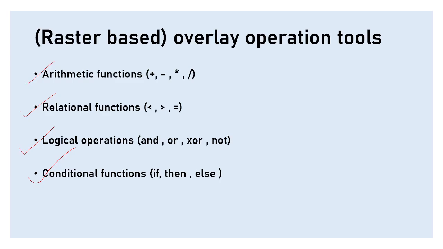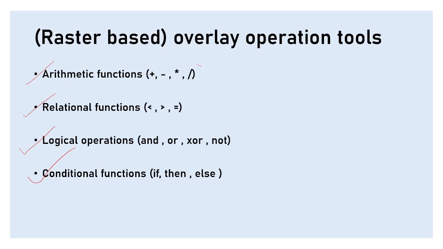In the arithmetic functions, we will be using addition, subtraction, multiplication, and division. That is how it is represented. Plus, minus, this is for multiplication, and this is for division. So you can do all these basic operations in the raster layers.